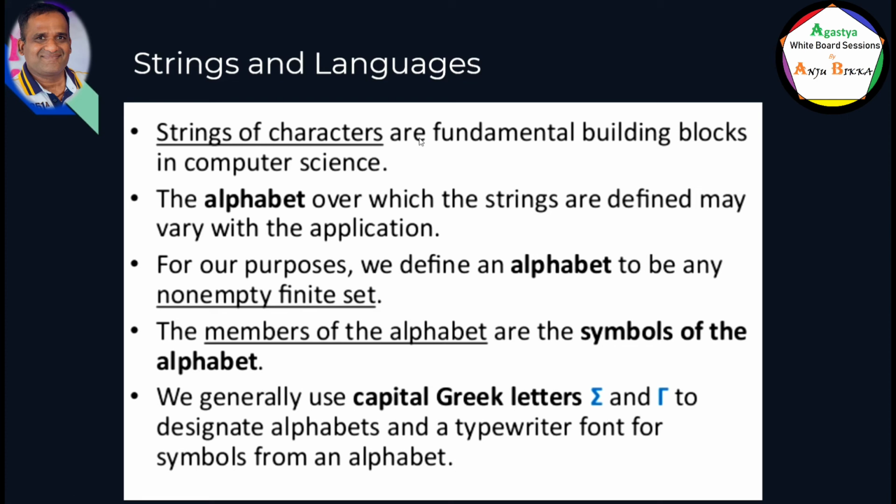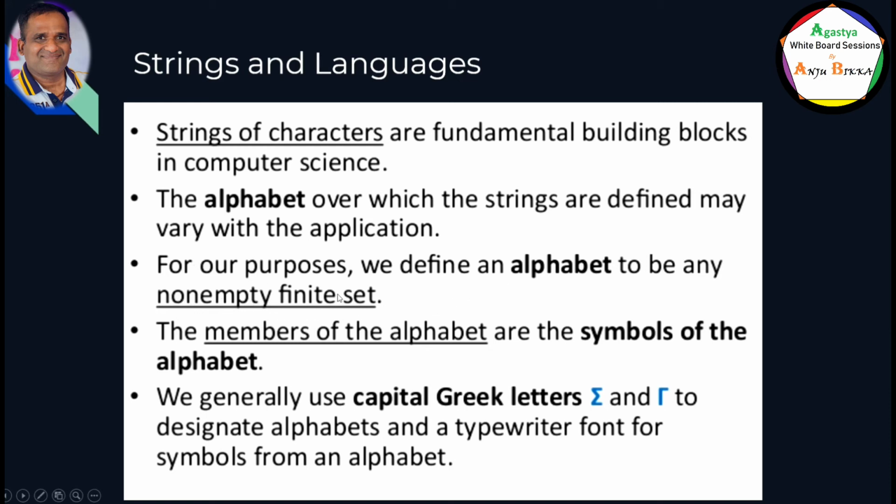We already discussed an alphabet. A string over an alphabet varies with the application. It means the alphabet chosen for each application is going to be different. So what is an alphabet?